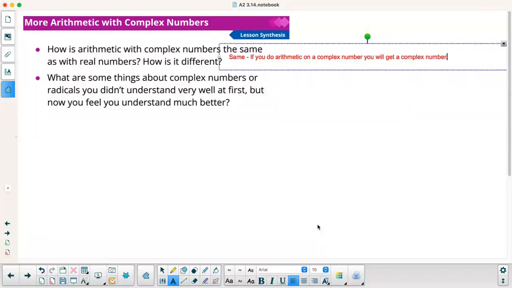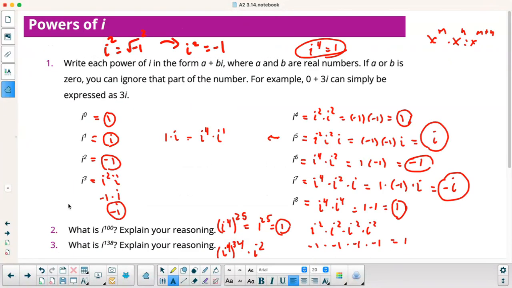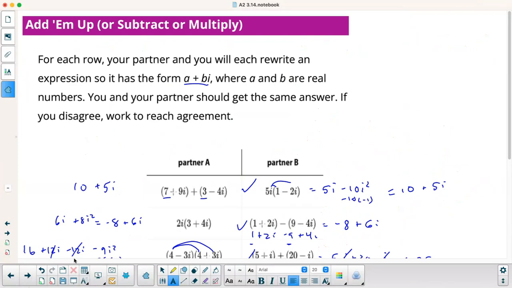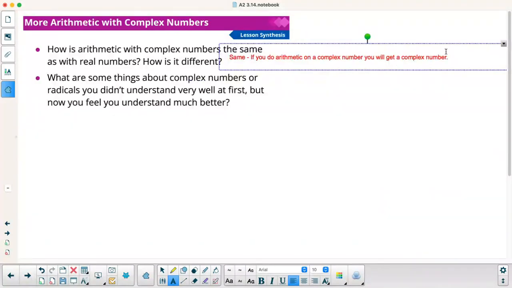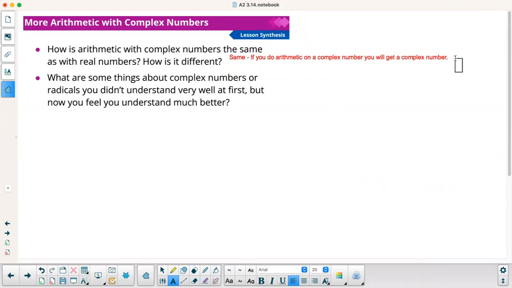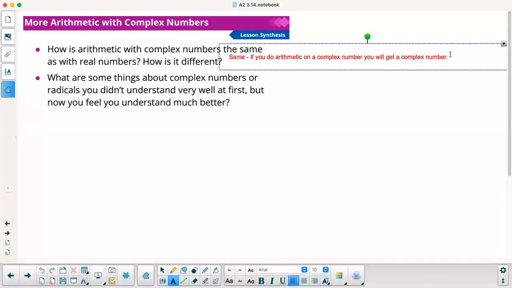Okay, and you might say, well, that's not true. You did some earlier here where we got to a power and we only got a real number, but you can always put plus 0i. So you can always add a 0i to make it complex.